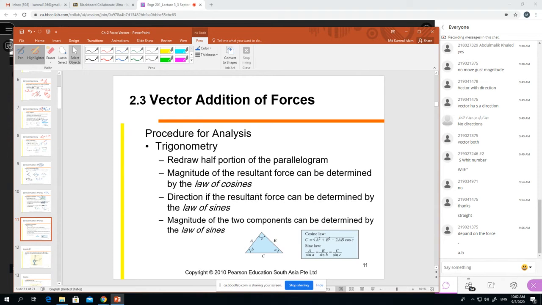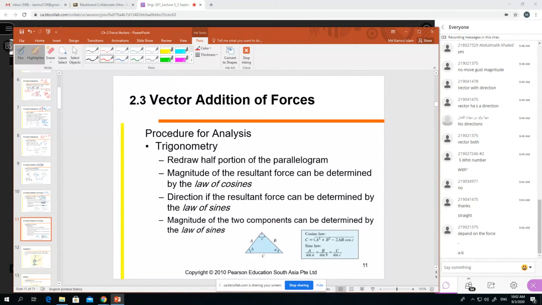So we will be learning two laws now: the law of cosines and the law of sines. I don't know whether we have time today. If we have time today, we'll do one example. If not, maybe next class. Here it is already written, so I just double check.